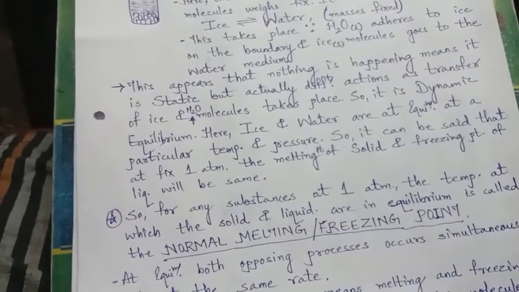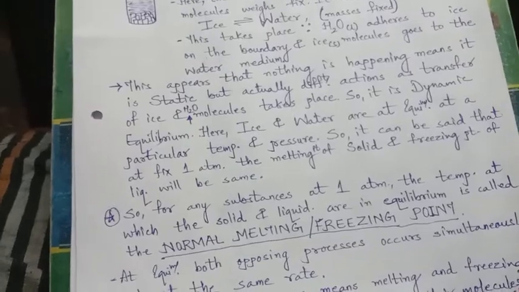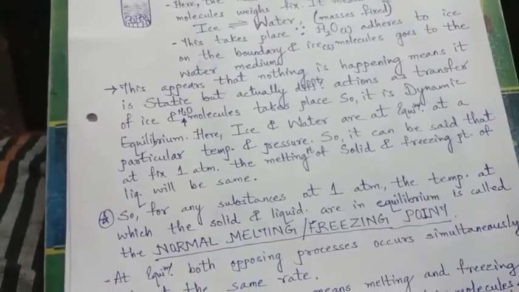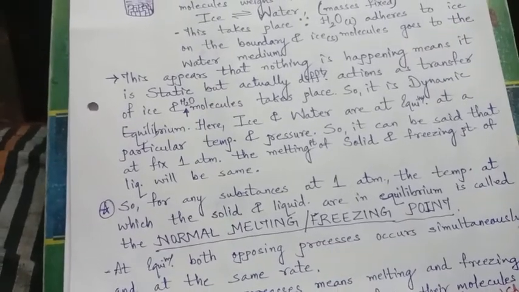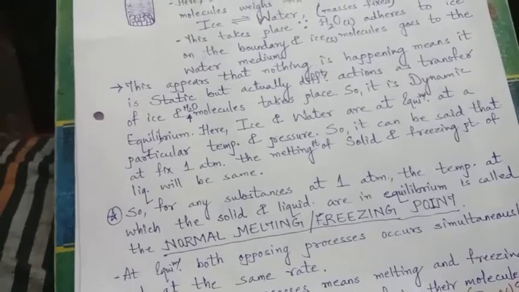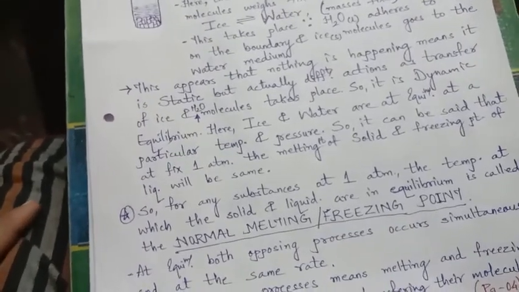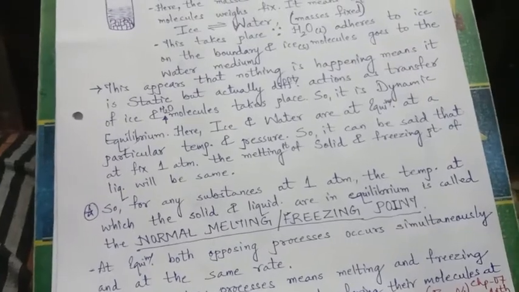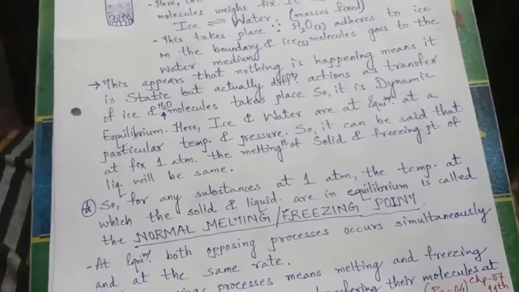That means they will try to solidify. And this is the stage when melting of solid and freezing of liquid become the same, at the same rate and at the same point. Then we can say that they have attained equilibrium.